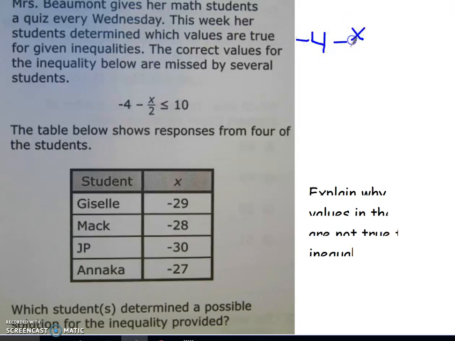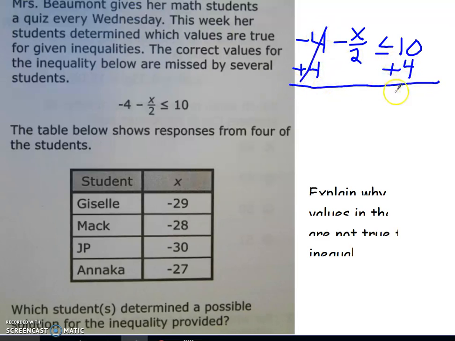-4 minus x divided by 2 is less than or equal to 10. I have to get rid of -4, so I'm going to +4. This cancels out. I get 14. We have the x and the 2 are dividing. The opposite of dividing is multiplying.